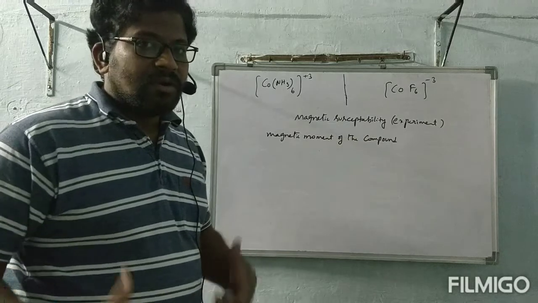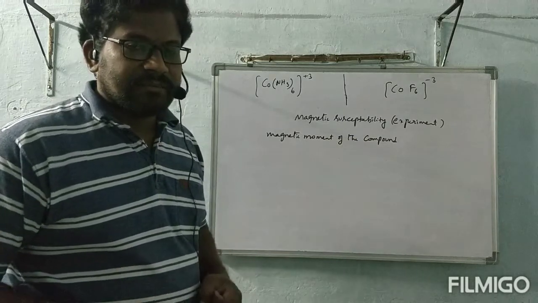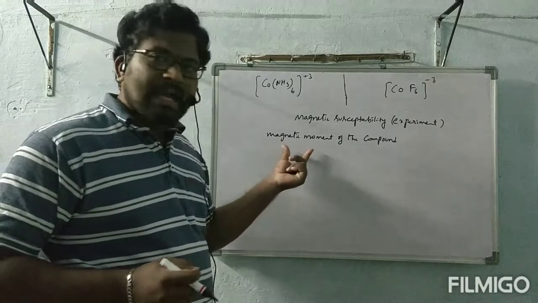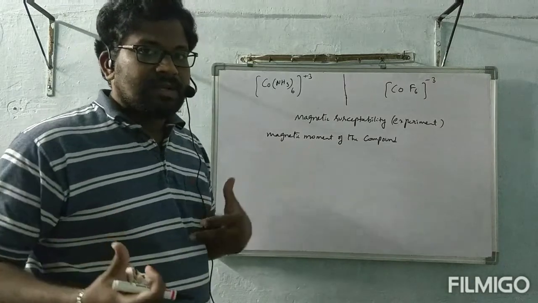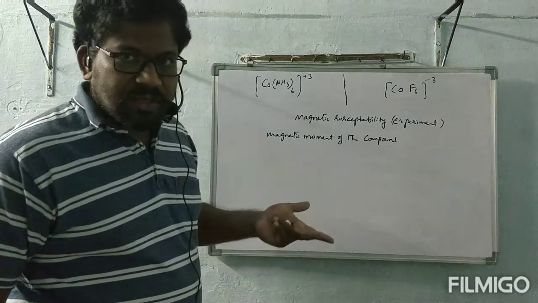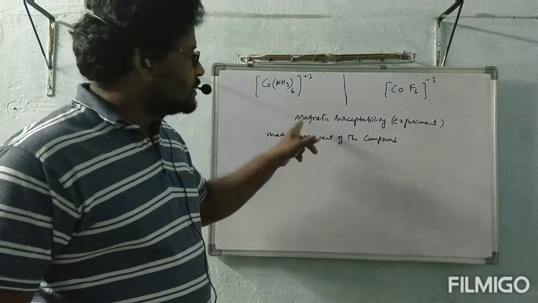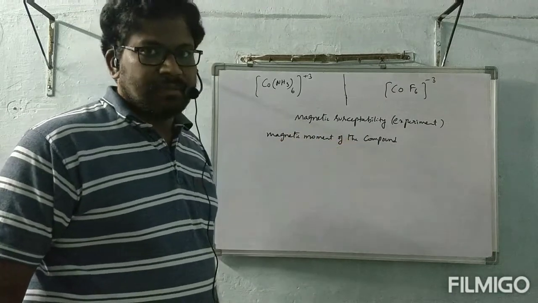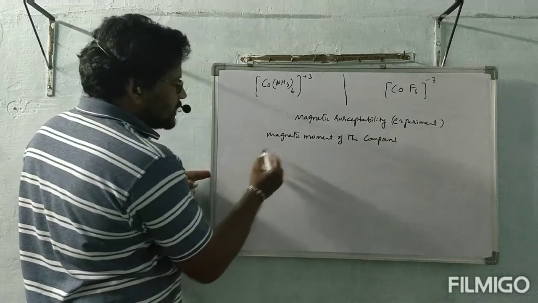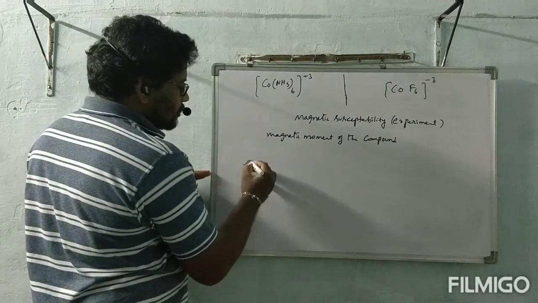Magnetic moment means we can estimate the magnetic nature by using that value. That is measured by using the magnetic susceptibility experiment. The magnetic moment is represented by mu.